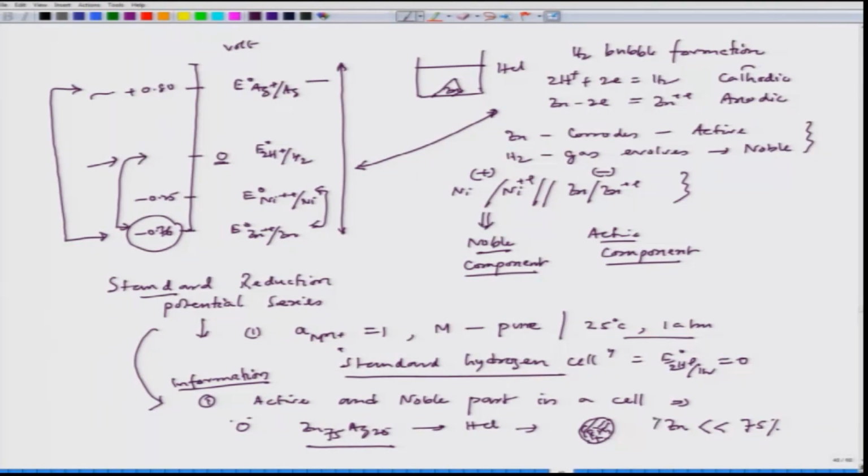The zinc concentration would be very low in that remaining porous particle, and silver concentration would increase to more than 25%.